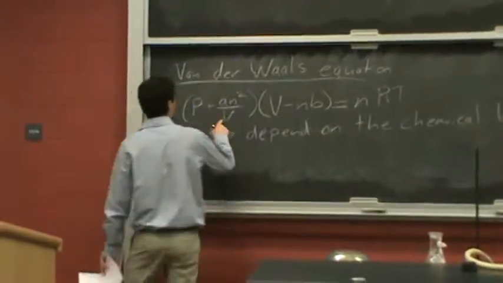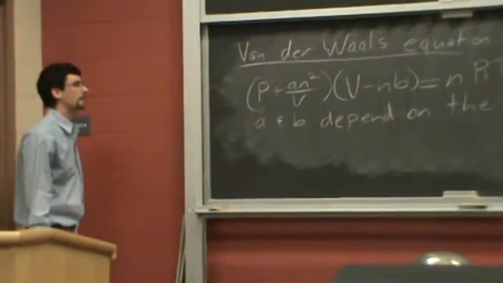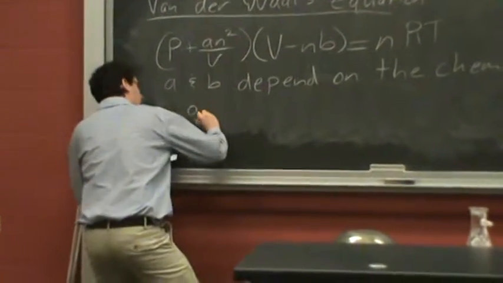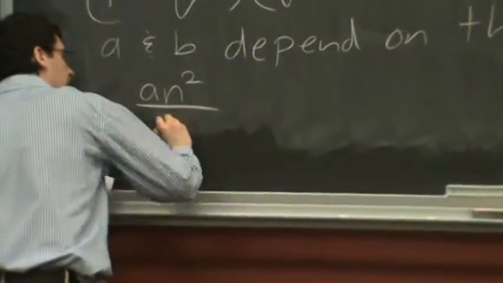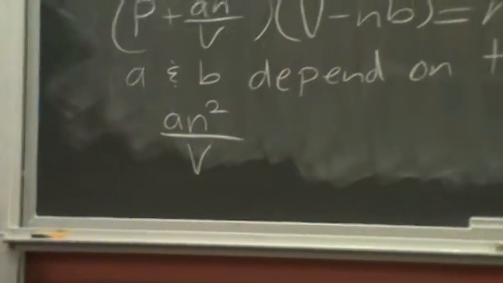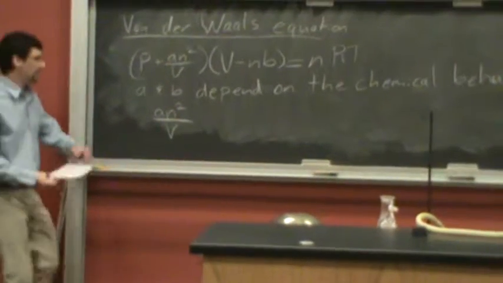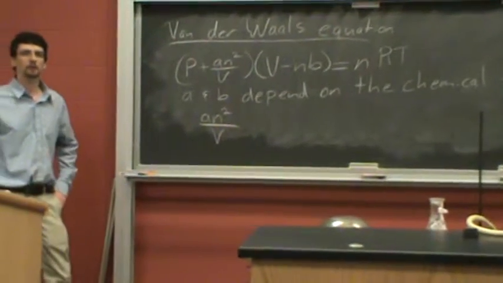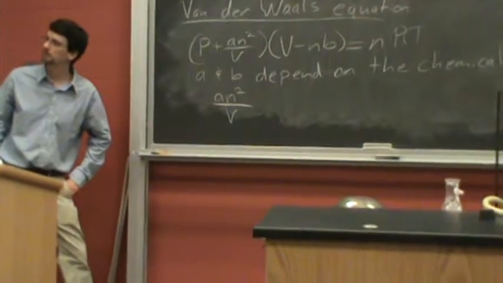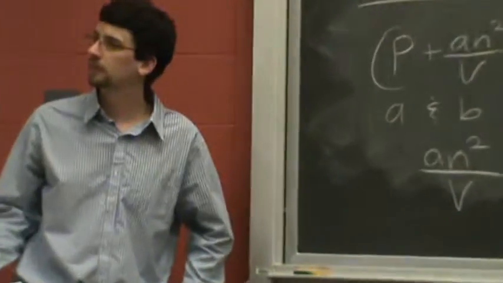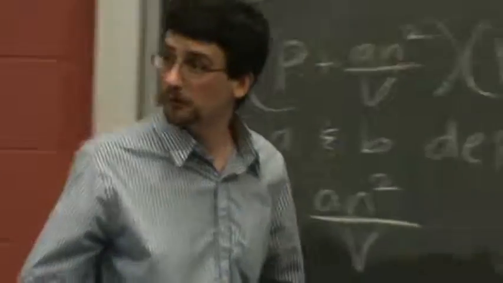So let's look at these additional terms. What do you think that guy accounts for? That a times n squared divided by V squared. What's that trying to combat? I mean, it is related to that.